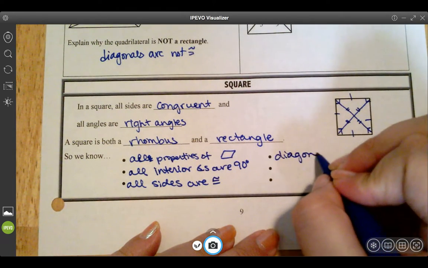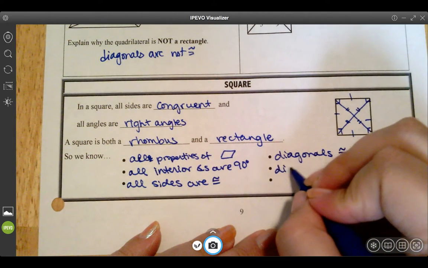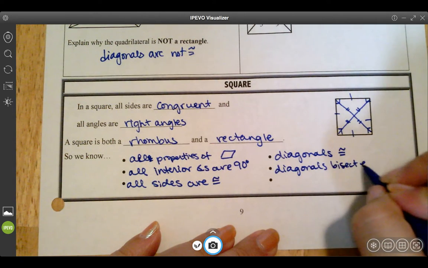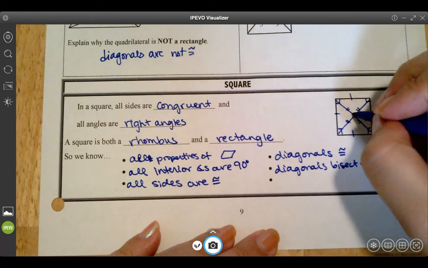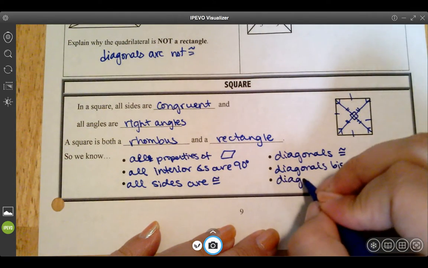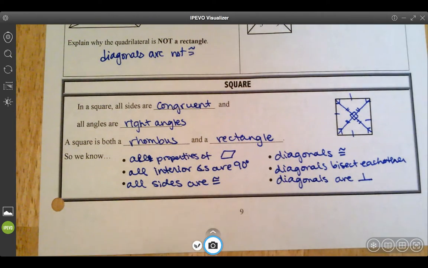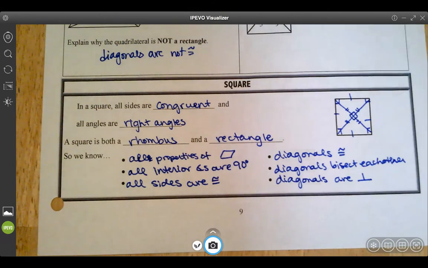Diagonals are congruent. Diagonals bisect each other. And we also know that those diagonals are perpendicular. Okay. We also talked about how each of these angles that's bisected is 45 degrees, but that's kind of a secondary property. So let's look at a couple of examples.